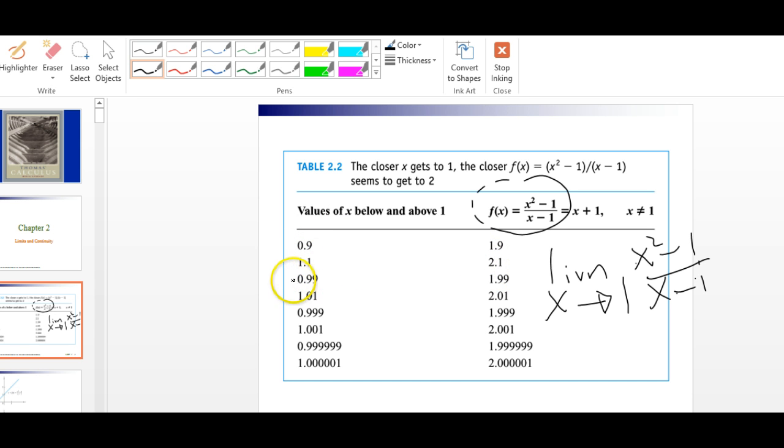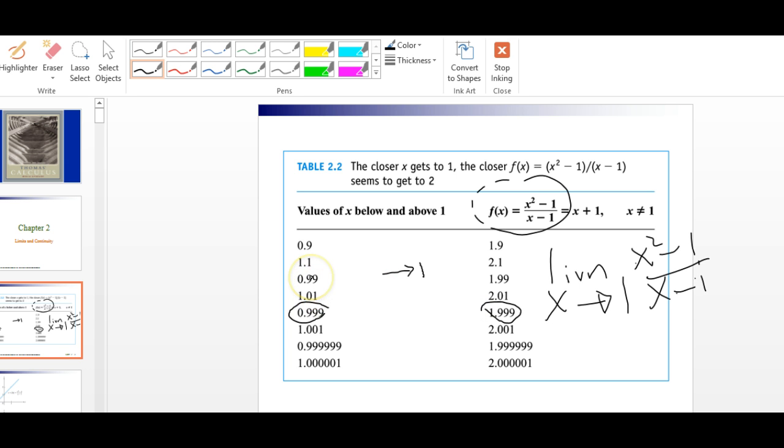If you get closer to 1 from the left side, you get 0.99, and then you get the value 1.99. Suppose we want to get even closer, say 0.999, then you would get 1.999.